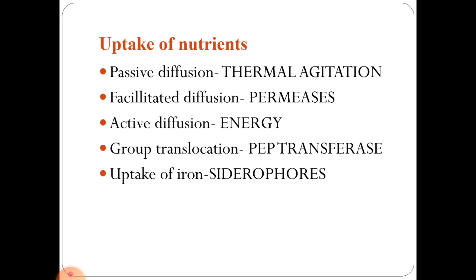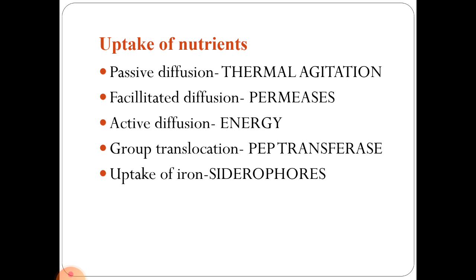In the current video, we have discussed about uptake of nutrients, wherein we have discussed about passive diffusion, which is due to thermal agitation of molecules, facilitated diffusion, wherein the movement of molecules is facilitated with the presence of permeases embedded in the plasma membrane. Active transport is associated with permeases and energy.